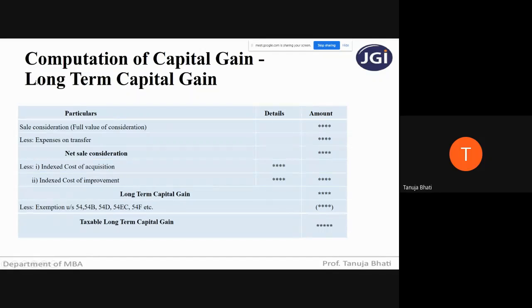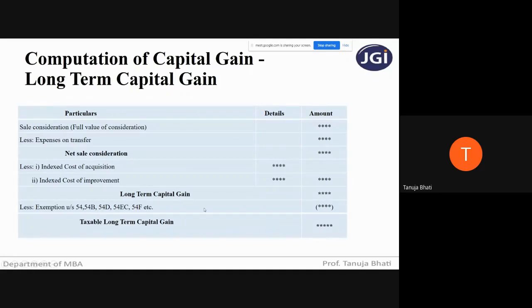Similarly, for the calculation of long-term capital gain, the format is sales consideration less expenses on transfer, you get net sales consideration. From that, if you minus indexed cost of acquisition and indexed cost of improvement, you get long-term capital gain, which we have already seen in several sums. Then when you deduct the deductions from the long-term capital gain, you get taxable long-term capital gain on which you are supposed to charge tax.